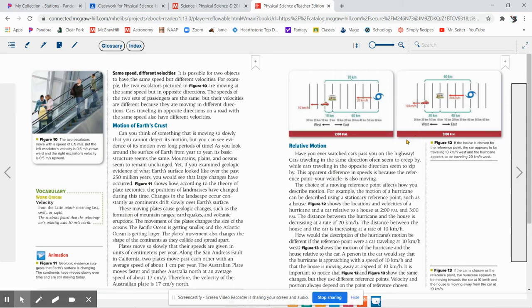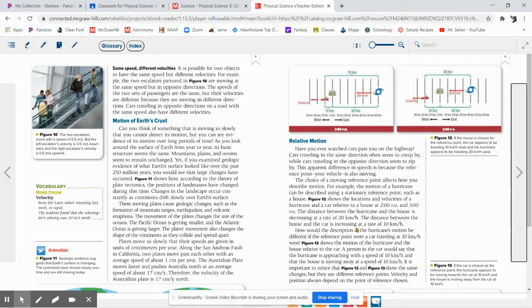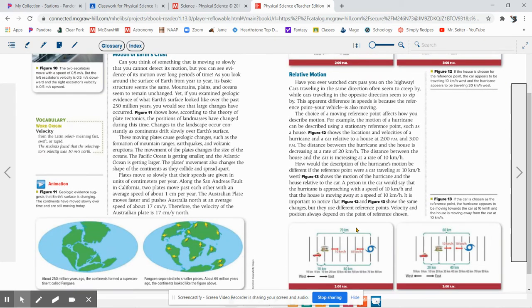It will catch you, but it's going to take a little longer just because you're driving a little bit slower than the hurricane. And again, relative motion. Here are some more explanations, so make sure you're reading this stuff, looking down through it, and if you have questions, you need to ask me.